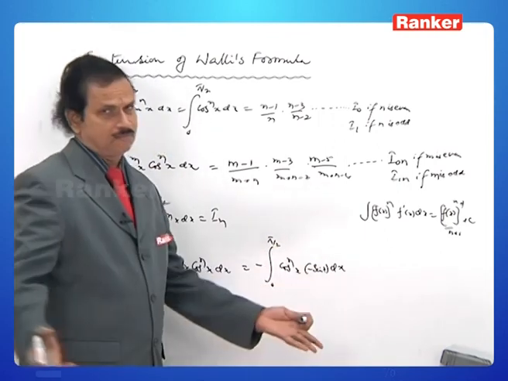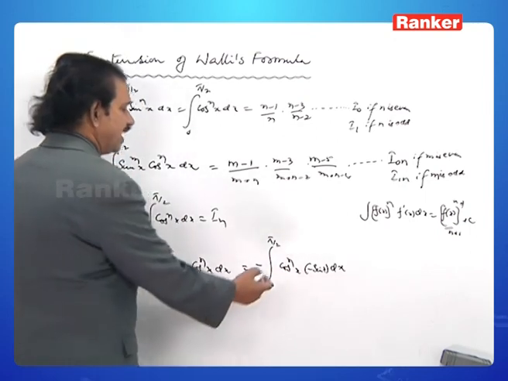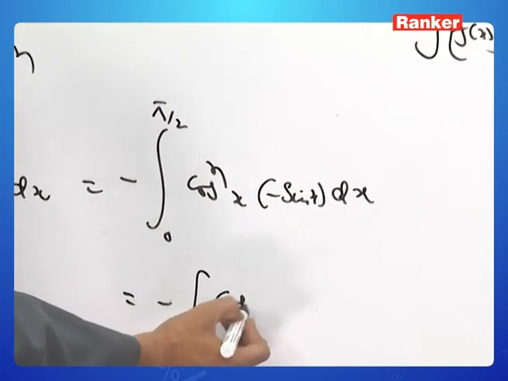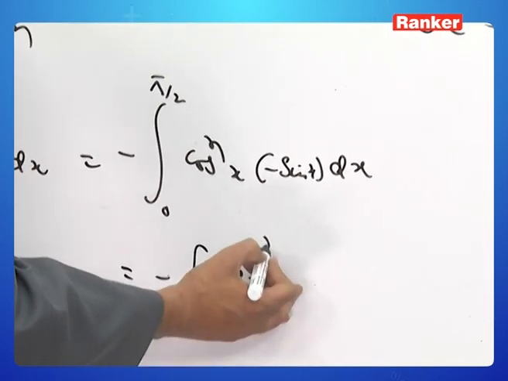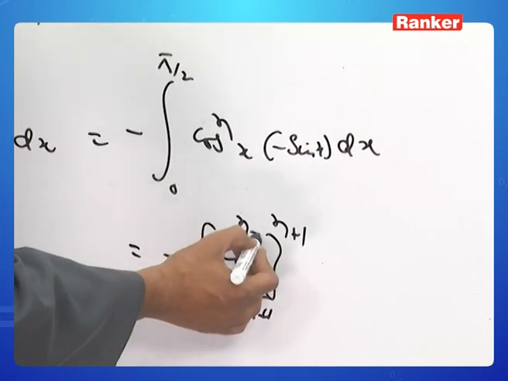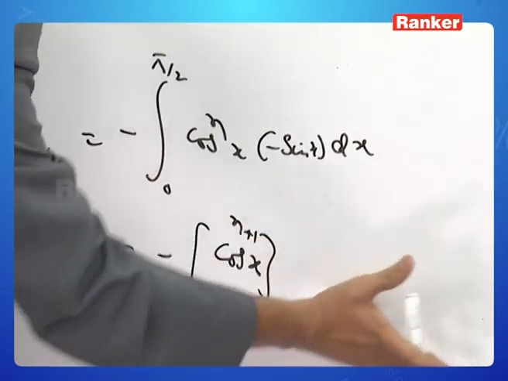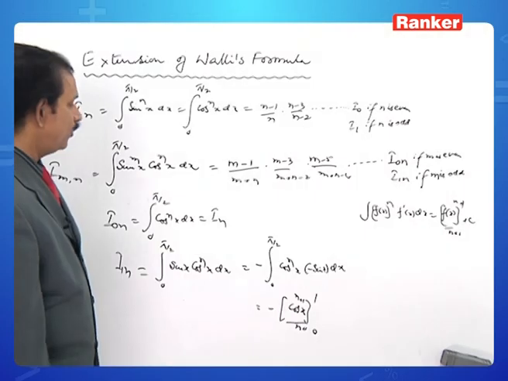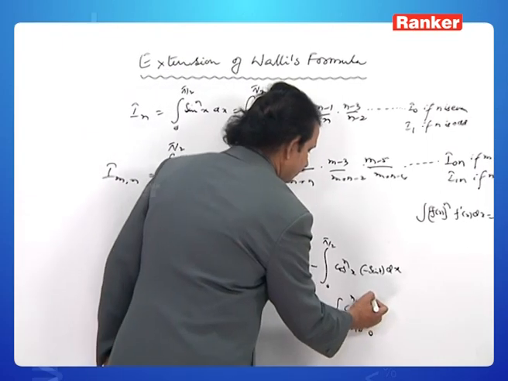For f dash x, minus sin x, absolutely in that similar fashion, so that we have the answer for this will be minus cos x power n plus 1 by n plus 1 between the limits 0 to pi by 2.